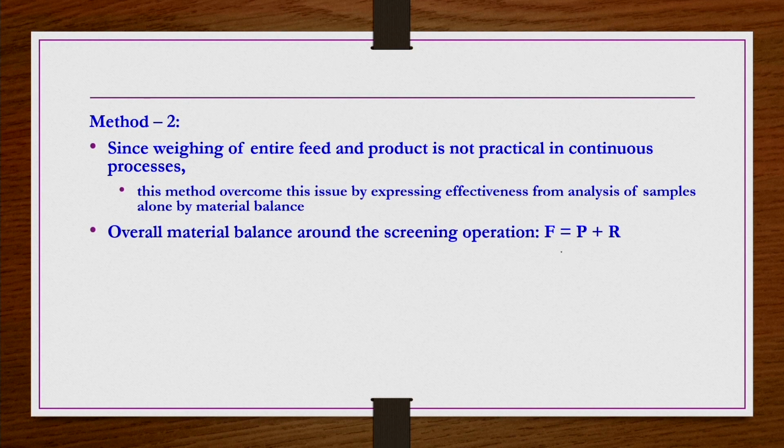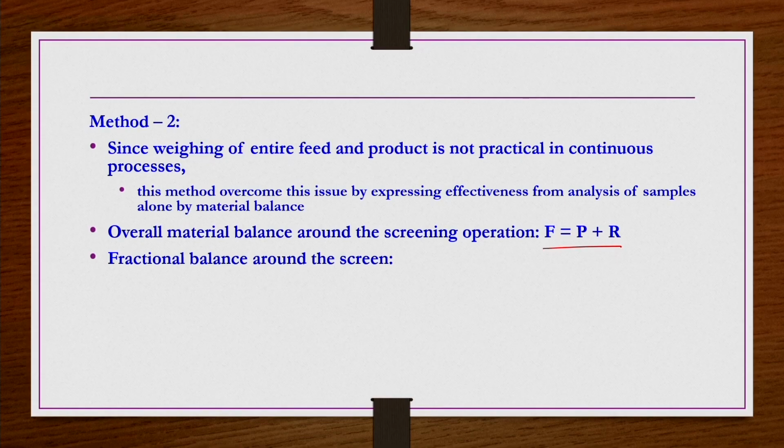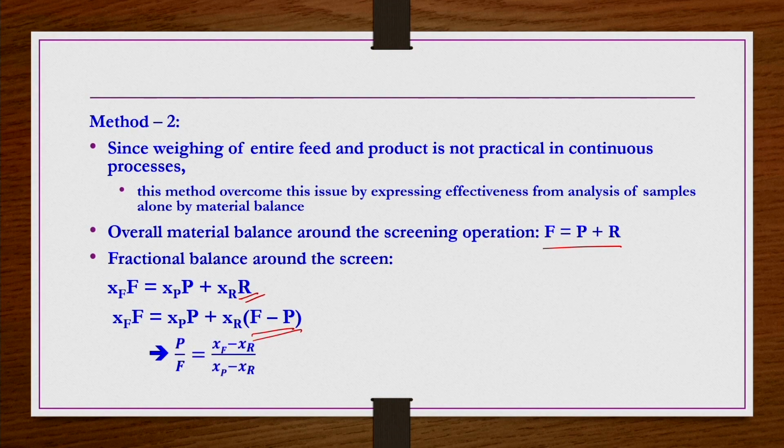In an overall material balance, the feed coming in is separated into the product and the rejectant. Then, doing the fractional balance for the material around the screen, XF multiplied by F equals XP multiplied by P plus XR multiplied by R. Now you can write R equals F minus P and rearrange this equation. So you get P by F equals (XF minus XR) divided by (XP minus XR).